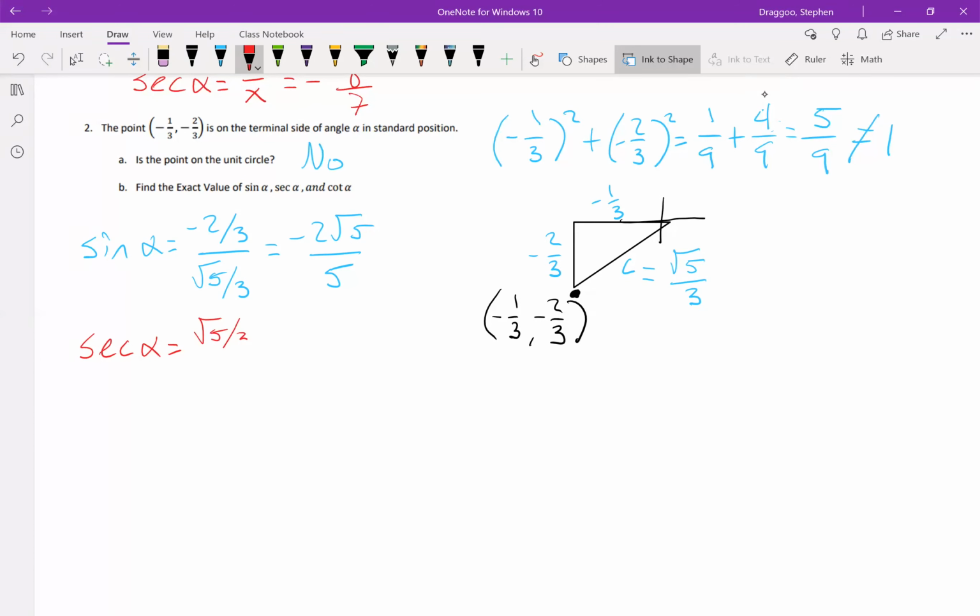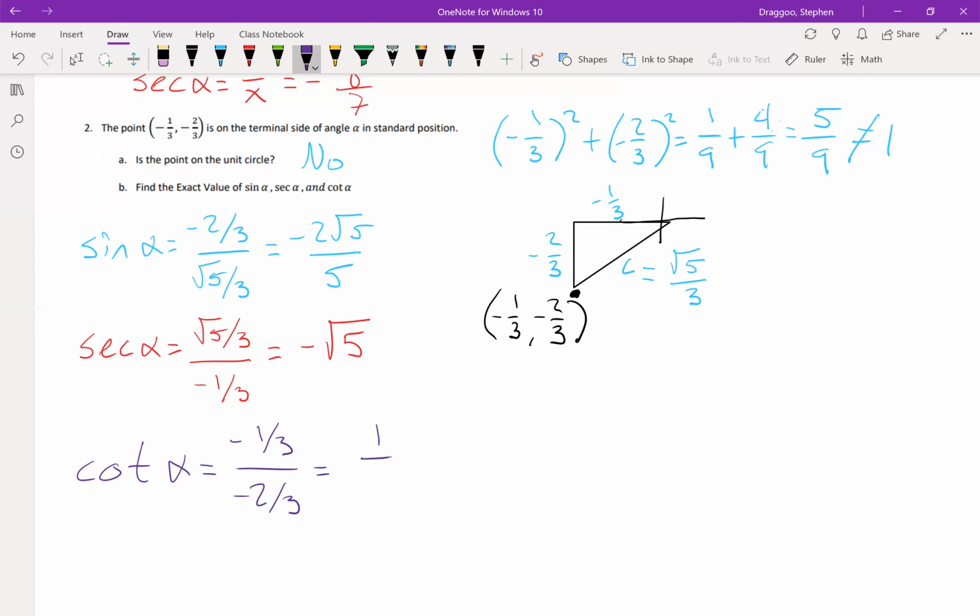So √5/3 divided by -1/3 simplifies to -√5. And cotangent of alpha should be adjacent over opposite, -1/3 divided by -2/3, which is +1/2.